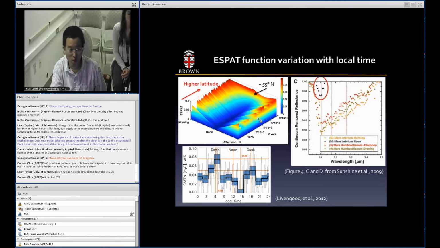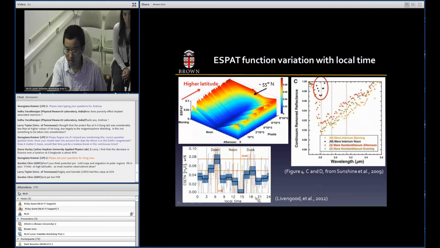And the region covers from around 0 latitude to 55 degrees on north hemisphere, around 60. But what we can observe is that at around 50 degrees, the trend is not so obvious. And a similar trend has been observed by Sunshine et al. 2009.